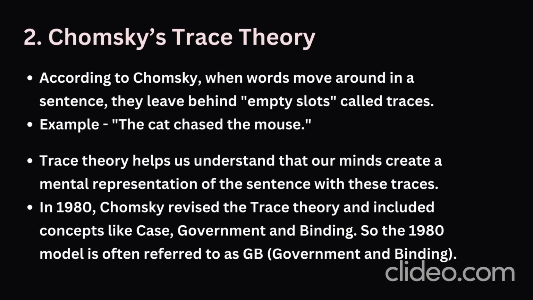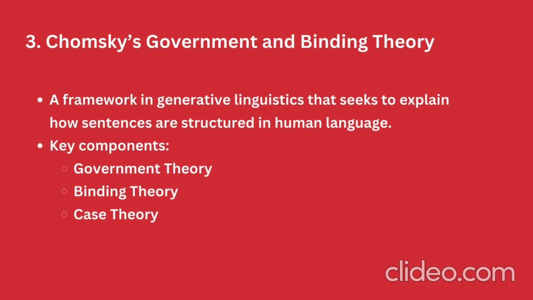So, next, let us look at Chomsky's government and binding theory. Chomsky's government and binding theory is a framework in generative linguistics that seeks to explain how sentences are structured in human language.